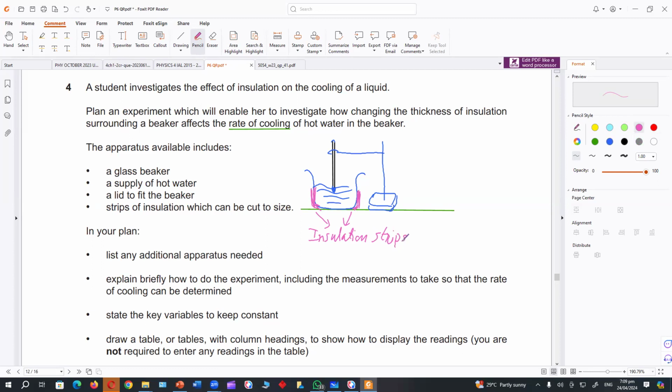Insulation strips. So first you list the apparatus, then you explain briefly how to do the experiment, including the measurements to take.